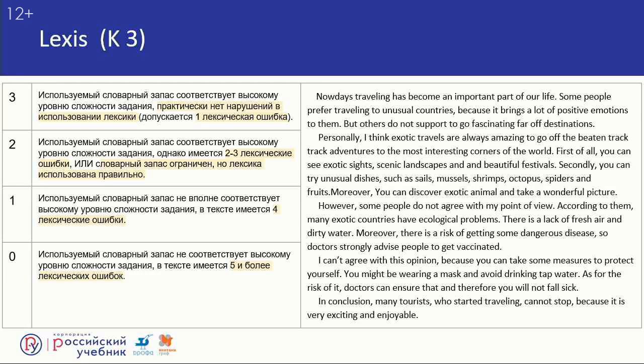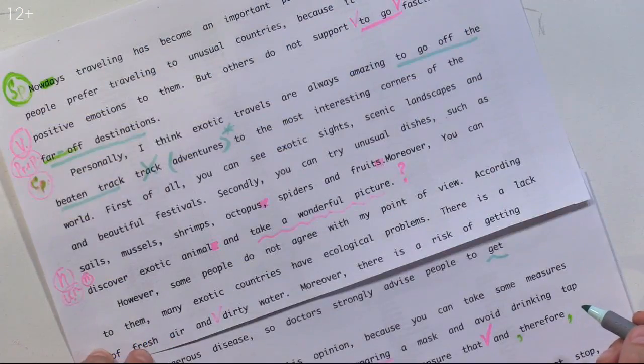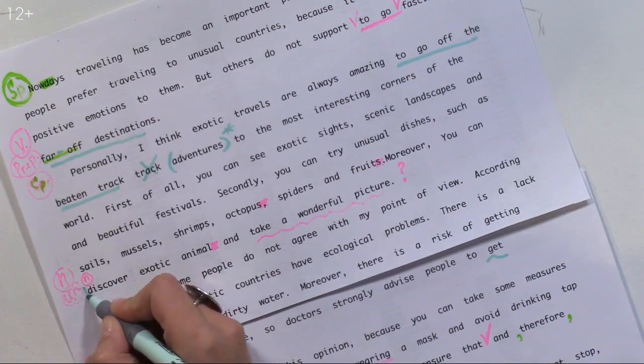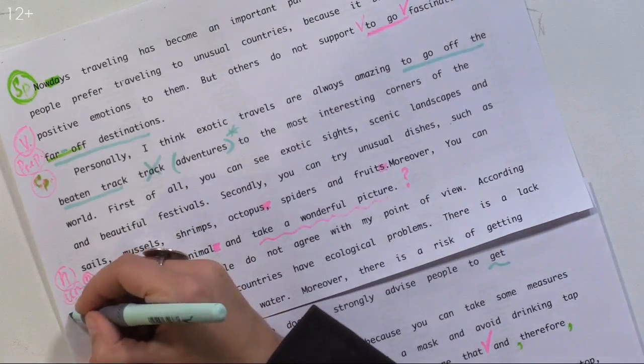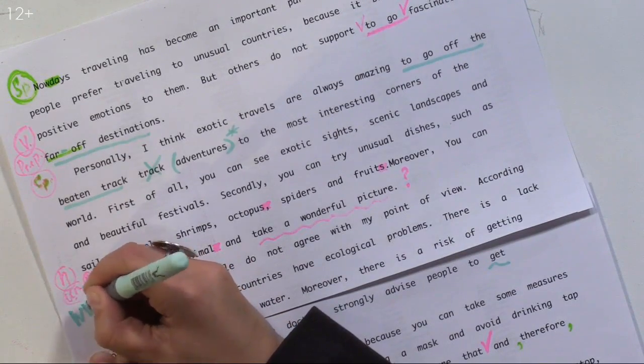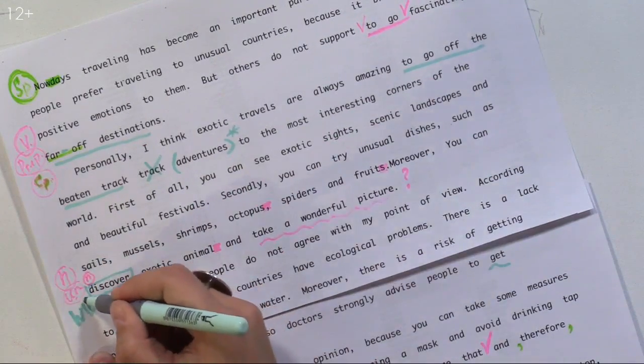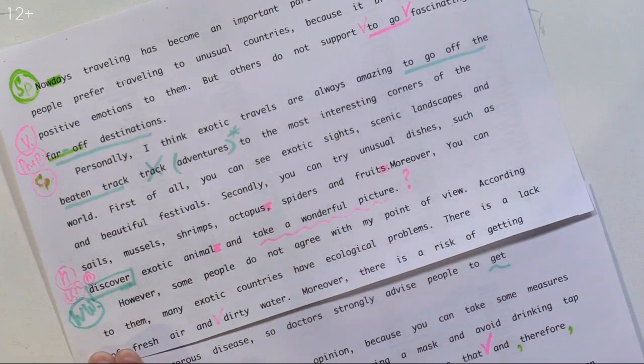We cannot discover, right? If we have a look at the pieces of writing again, something that I meant to mark, but I didn't. You can discover exotic animals. Now, if you discover exotic animals, you are the first one to find them, which is very unlikely, so it's a wrong word.